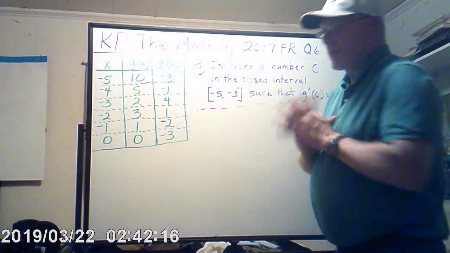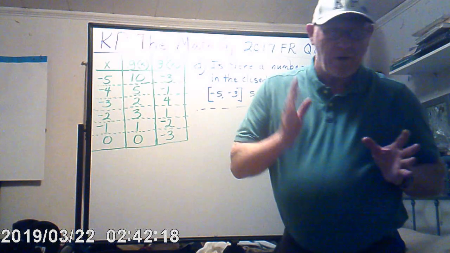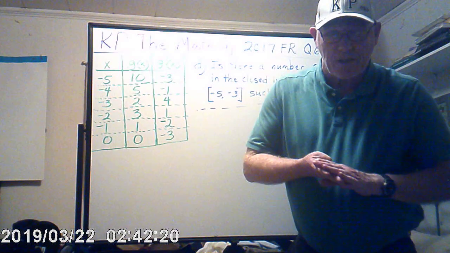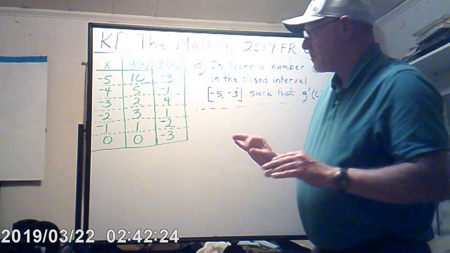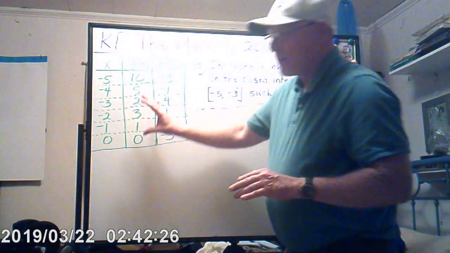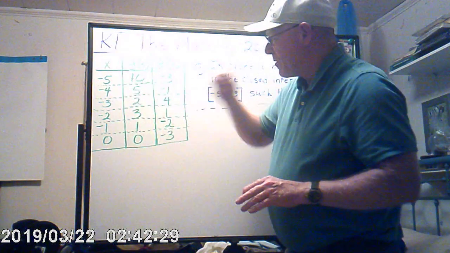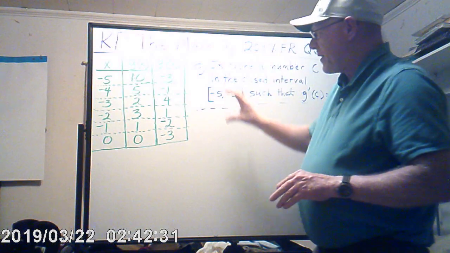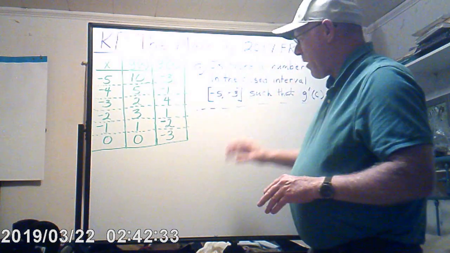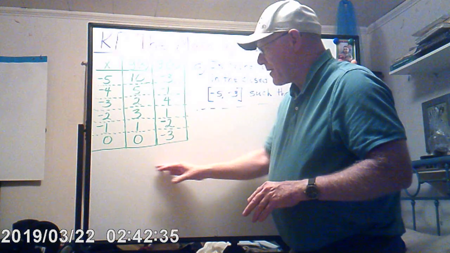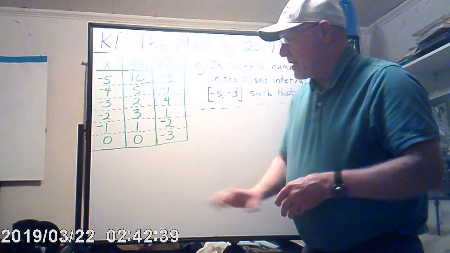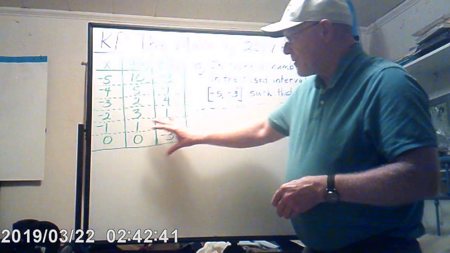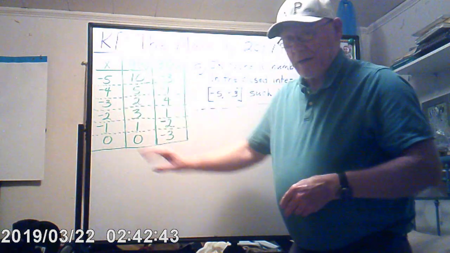Now they had 3 parts to this, actually a four part question, but they had 3 things here. In other words, they had a table like this, and then they had a graph, and then they had an equation. But part D is only dealing with this part right here.